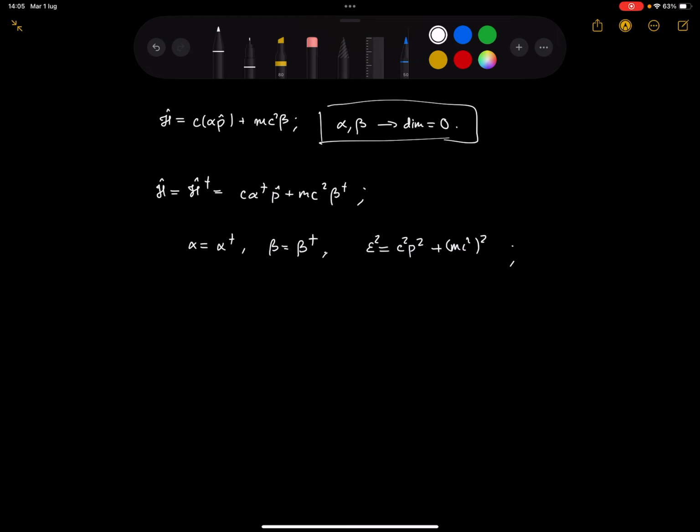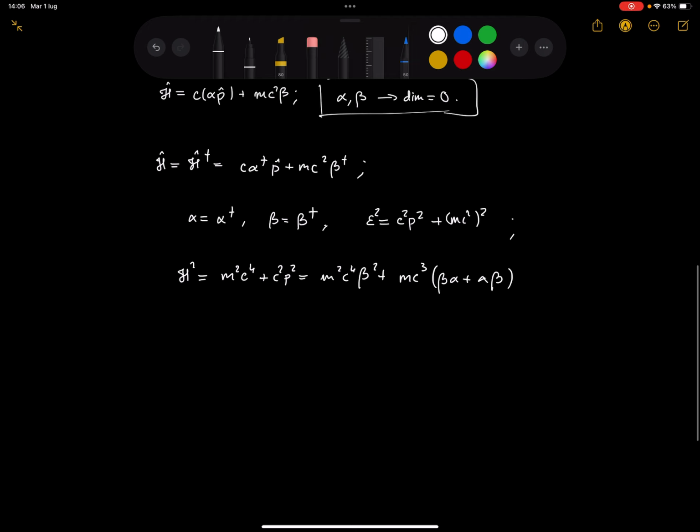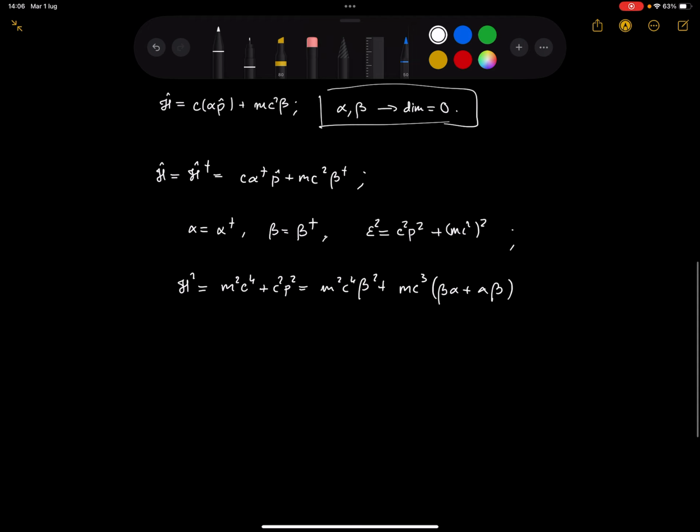From where we get that the Hamiltonian squared is equal to m squared c to the fourth plus c squared p squared, which is equal to m squared c to the fourth beta squared plus mc to the third, I think, times beta alpha plus alpha beta. We do not concern ourselves with the commuting relation for now. Plus 1 over 2 c alpha.